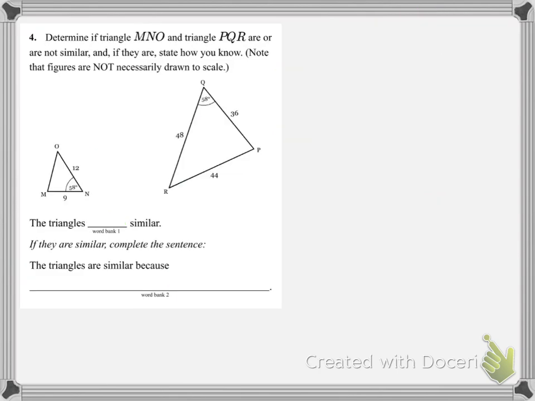Same problem. Now let's look at what they give us. Here I've got a side, an angle, and a side. Here I have a side, angle, side. This 44 seems to be extra. So the question here is, is it SAS?